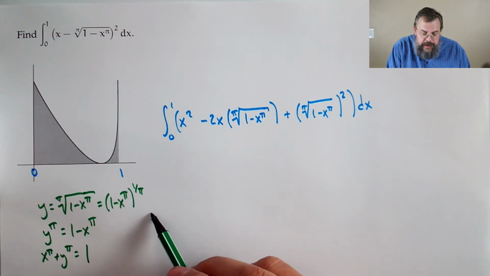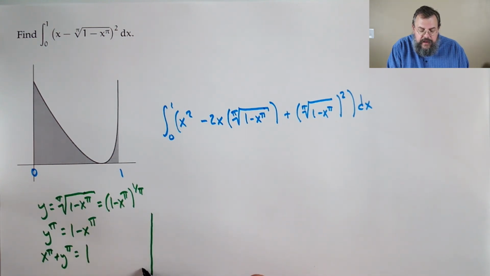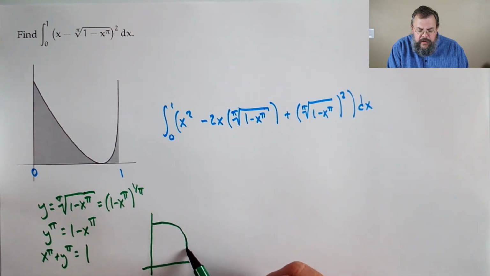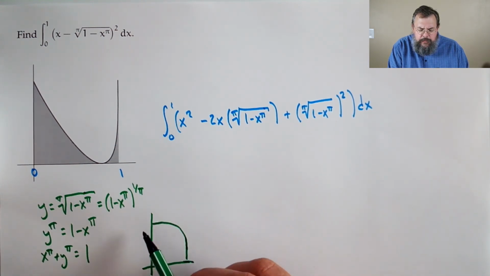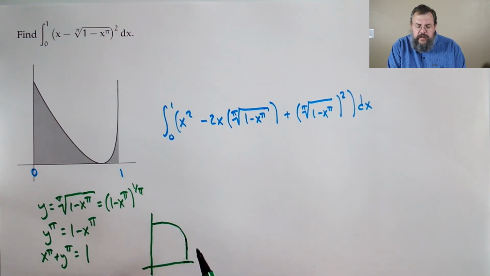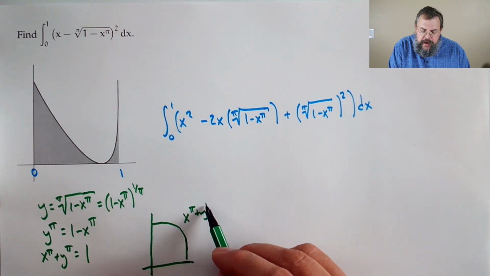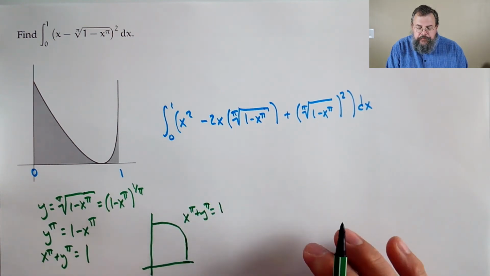So what we would end up seeing is something maybe a little bit more rounded here, a little bit flatter towards the ends, something like that. Okay, so that's our curve, x to the pi plus y to the pi equals 1.